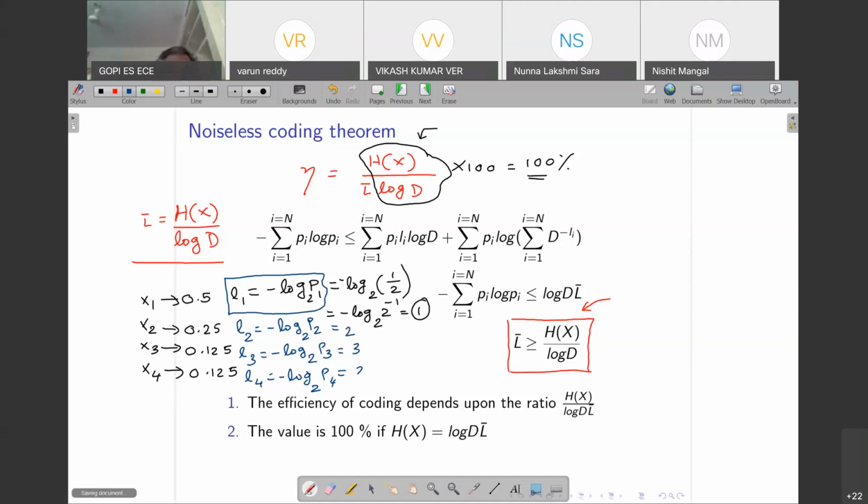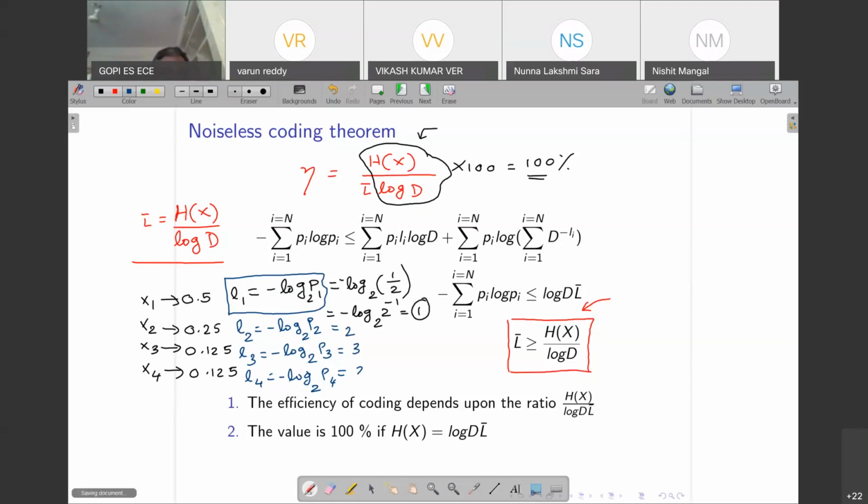Let's calculate the value of h of x. So we have to calculate L bar as well as h of x. First let me calculate h of x, then we'll call it. Okay, first we'll call L bar.